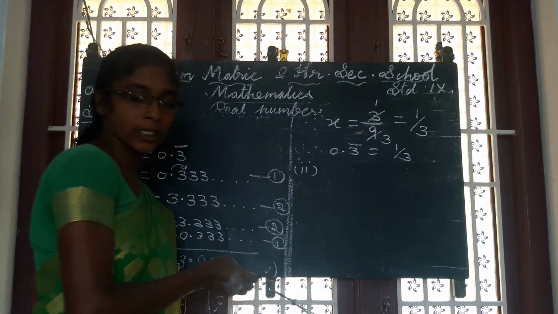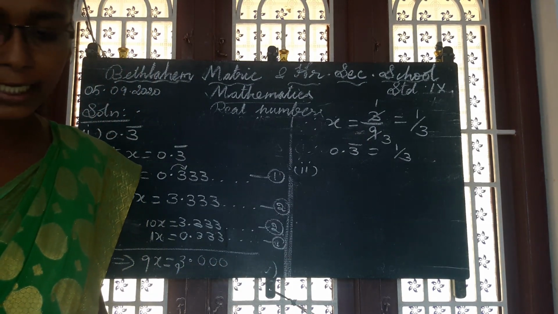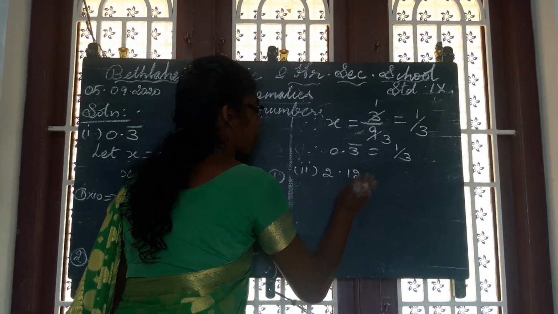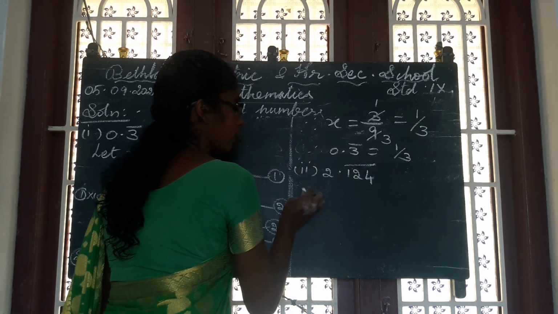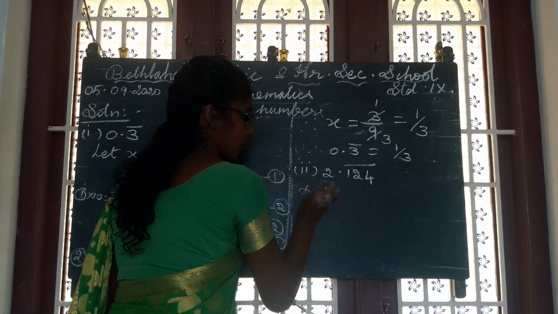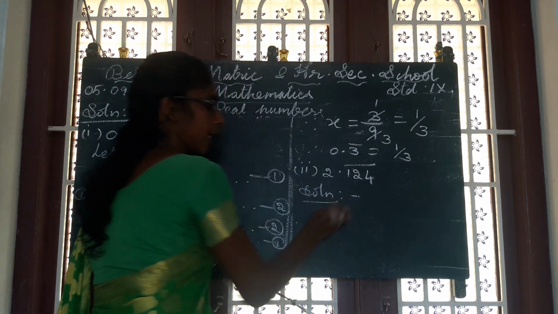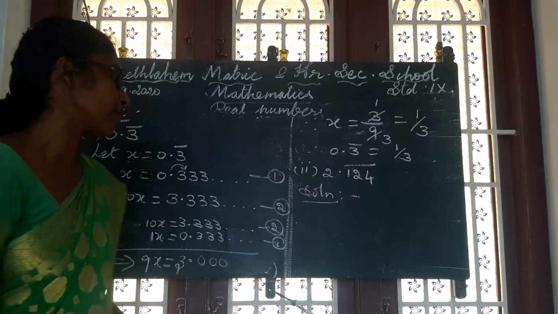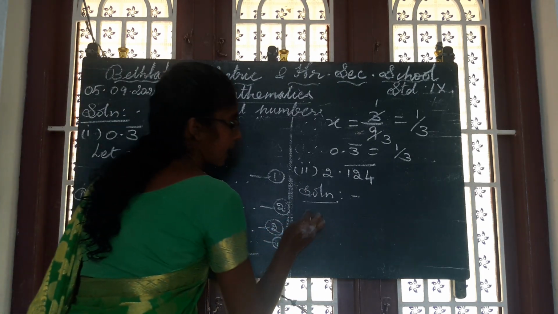Then we can go for the second problem. Second problem is 2.124 bar. Here also you have to take x like that. This 2.124 bar we take as x.